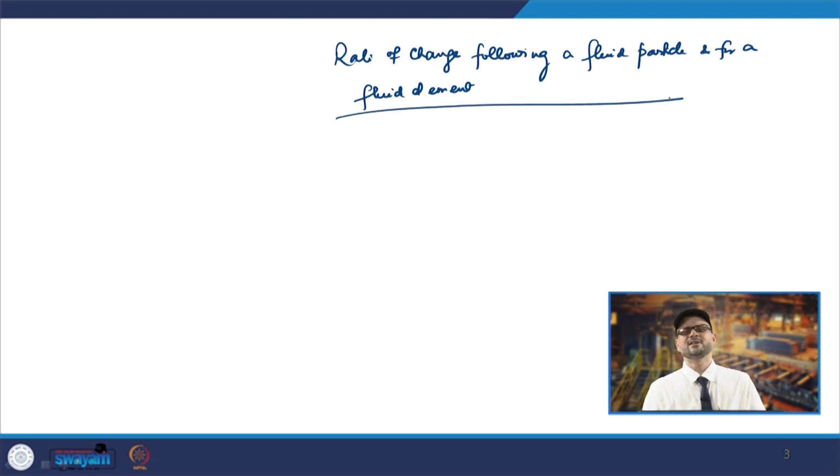You will have the changes in the properties of the fluid particle, and for that the Lagrangian approach is used, and each property will be a function of the position and time, so x, y, z and t.